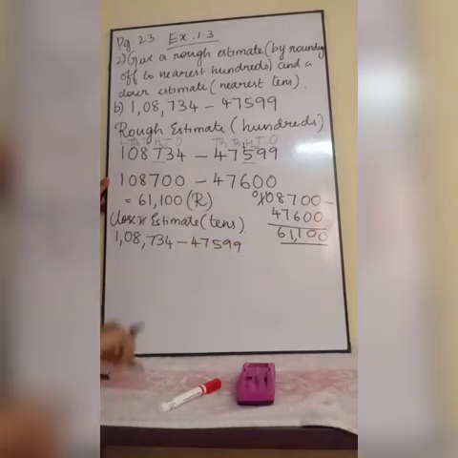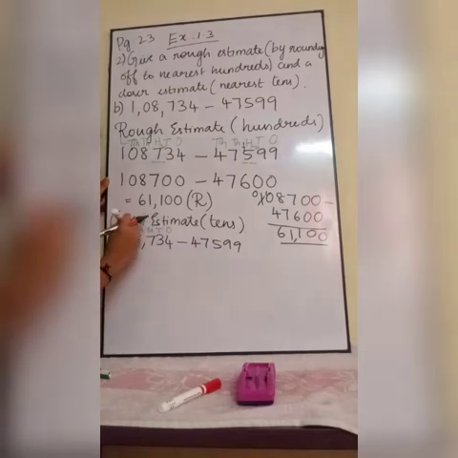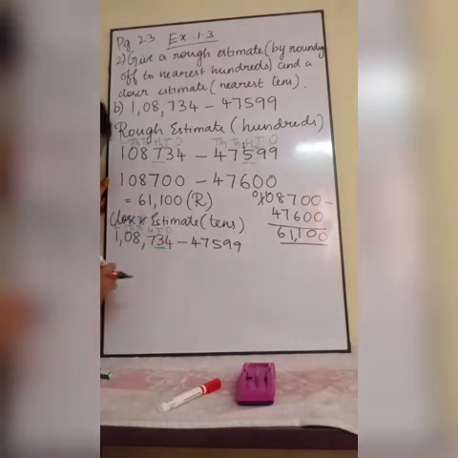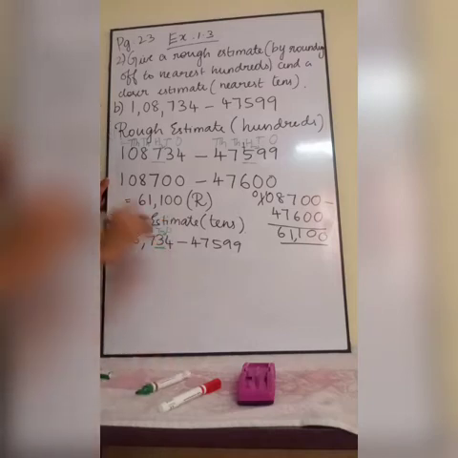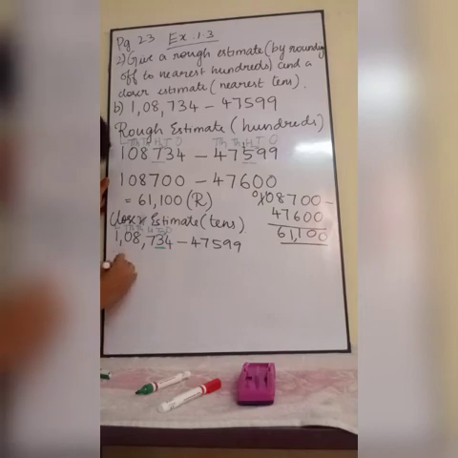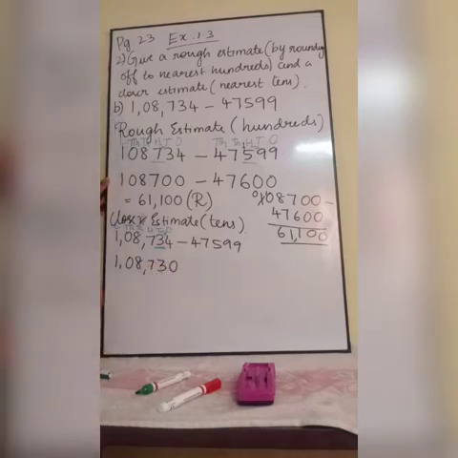Ones, tens, hundreds, thousand, 10,000, lakh. So which are you going to round off? Tens place. So which will you see? You will see the ones place. Ones place is what here? 4. So no changes. 1,08,730, 7, 3, then 0. Understood? Because here no changes, so I am putting 0.